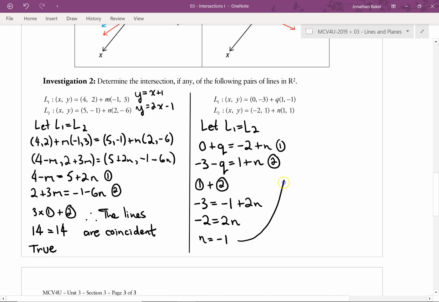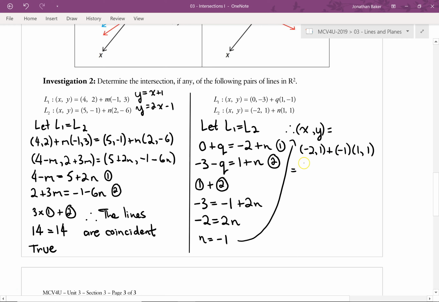So let's do that. So we can say therefore, right, x comma y is equal to, and I'll just go down the line here, it's going to be equal to negative 2 comma 1 plus negative 1 times 1 comma 1.